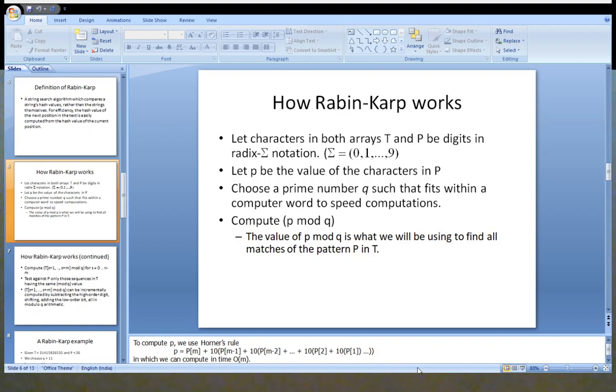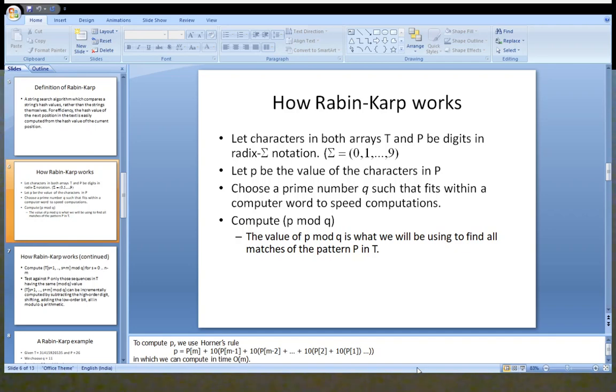Suppose you have a pattern p, then for that pattern you shall take the mod with respect to a number q. The number q is taken so that it fits within the computer word for speed of computation, and then you shall find the hash value p mod q for that pattern.